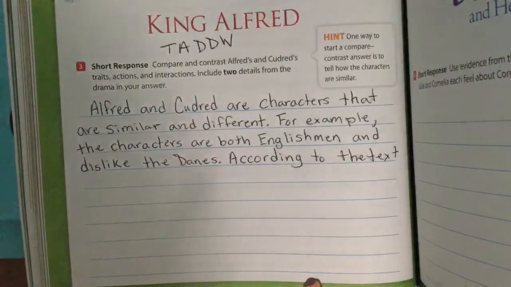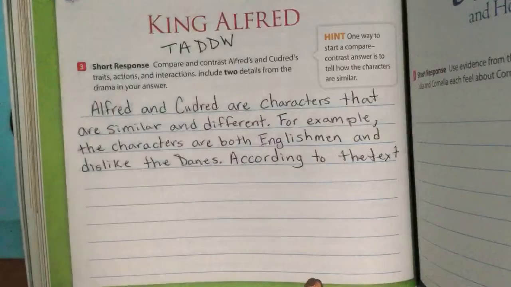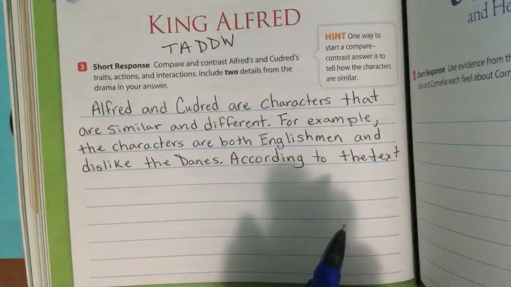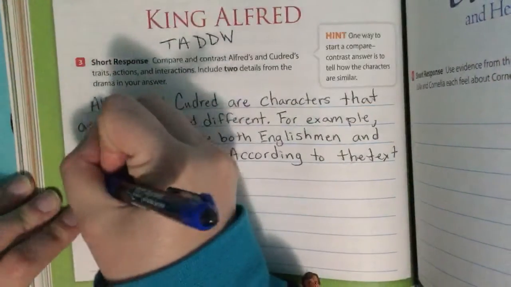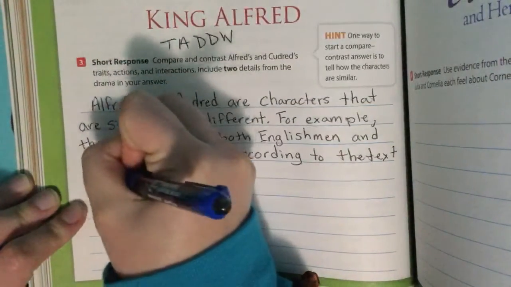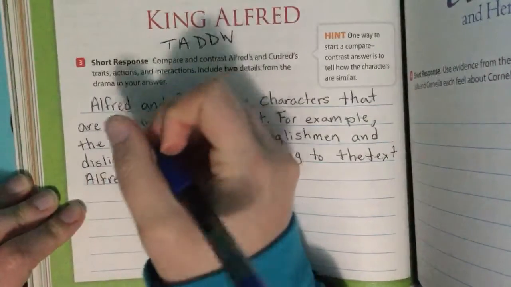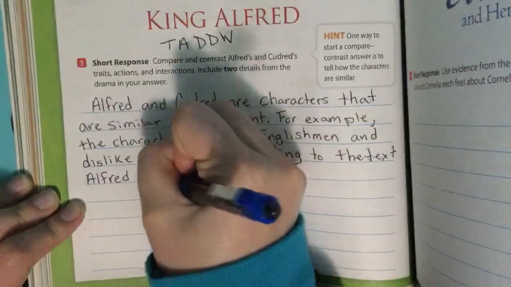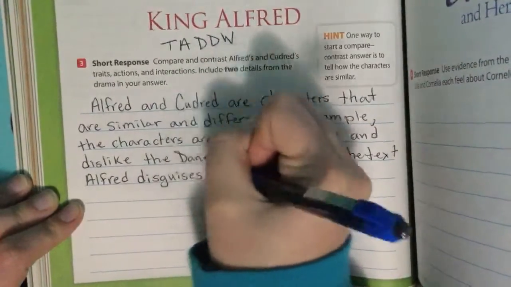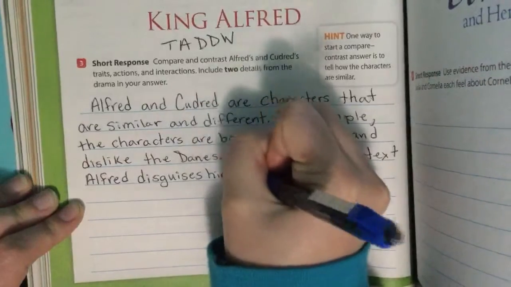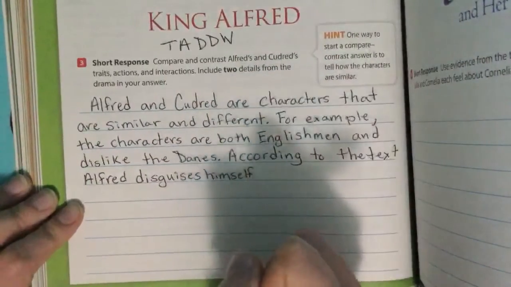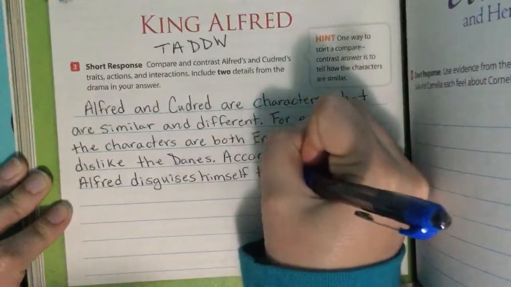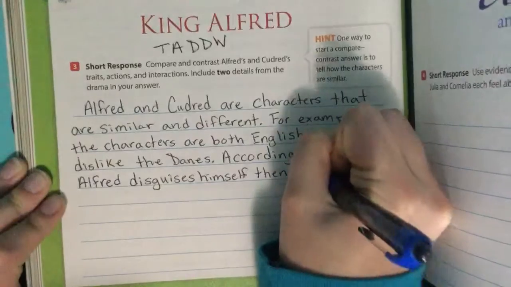So that's not going to include the noble and thankful because that's too easy, okay? We can do much better than that. So we're going to say, according to the text, Alfred, and if you want to call him King Alfred, that's fine, Alfred disguises himself, then tells who he is.